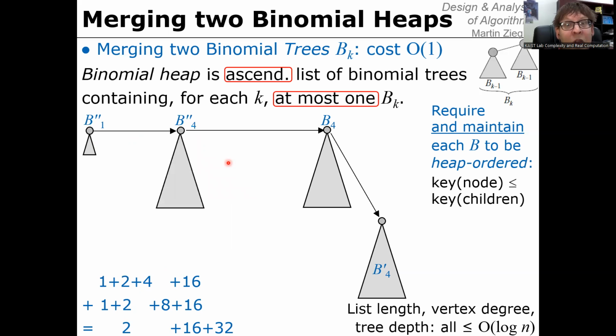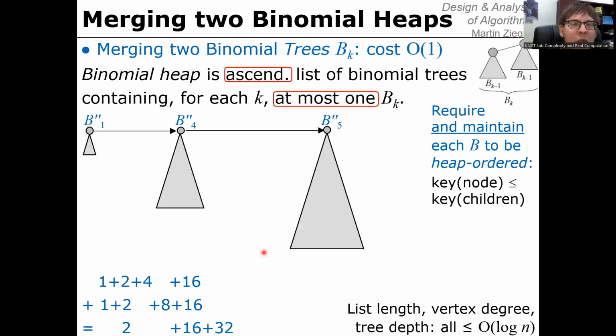So this merge operation can cascade through the entire list, but each time we reduce the number of trees in the list. And so after logarithmically many merge operations, we have reached the end of the list, and we have recovered the condition for binomial heaps that each binomial tree order can occur at most once, corresponding to the result after the binary addition digit-wise with all the carries.